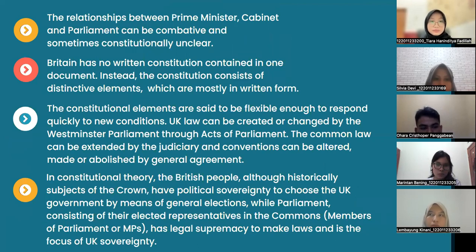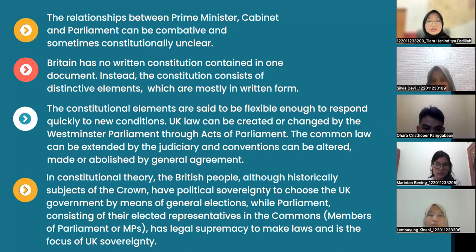The relationship between the prime minister, cabinet, and parliament can be combative and sometimes constitutionally unclear. Britain has no written constitution contained in one document. Instead, the constitution consists of distinctive elements which are mostly in written form. In Britain, the constitutional elements are said to be flexible enough to respond quickly to new conditions.